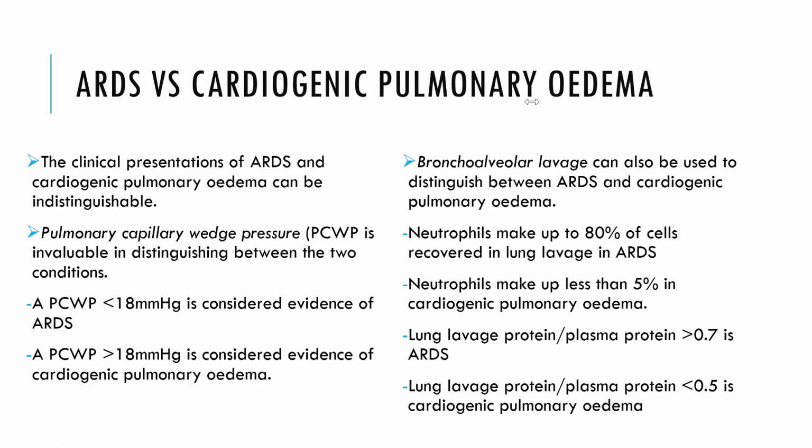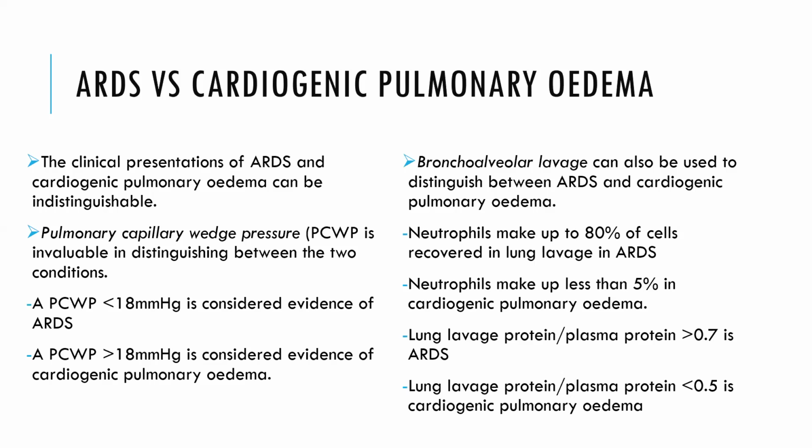All right. So it's important for us to differentiate between cardiogenic and non-cardiogenic pulmonary edema. The non-cardiogenic pulmonary edema is ARDS, that fits into the definition of ARDS. But if you look at it very carefully, you will see that there are two ways to differentiate between ARDS and cardiogenic pulmonary edema.